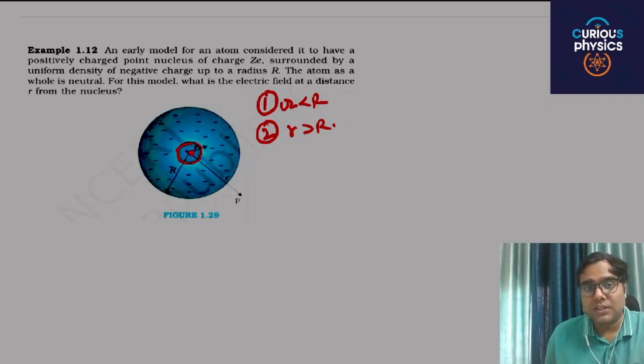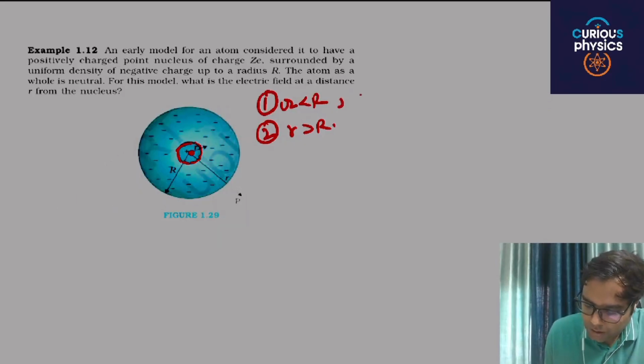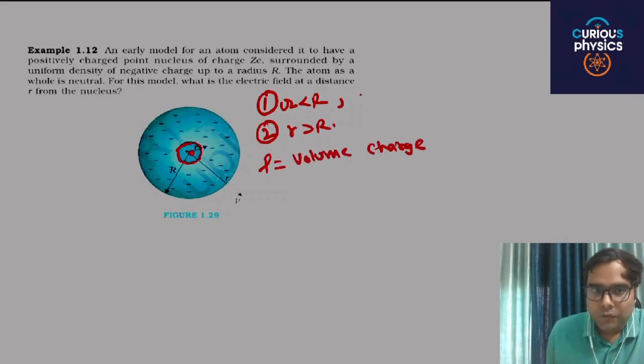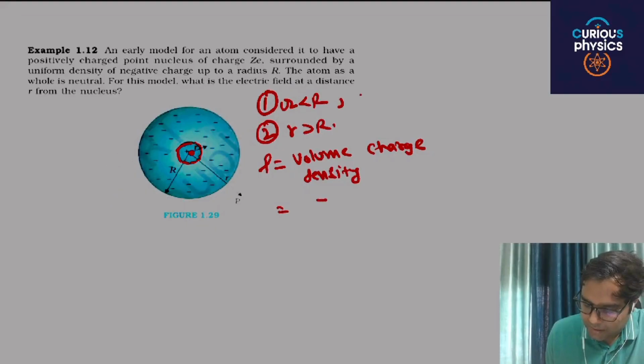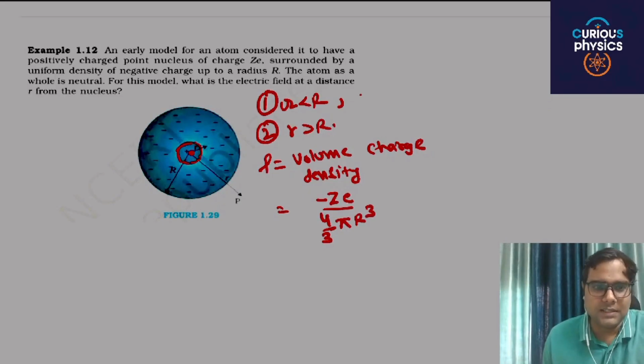So our first main purpose is to find the volume charge density rho. Volume charge density will be total charge negative Ze divided by the volume, 4 by 3 pi R cube, of this sphere of radius R. This is the volume charge density.